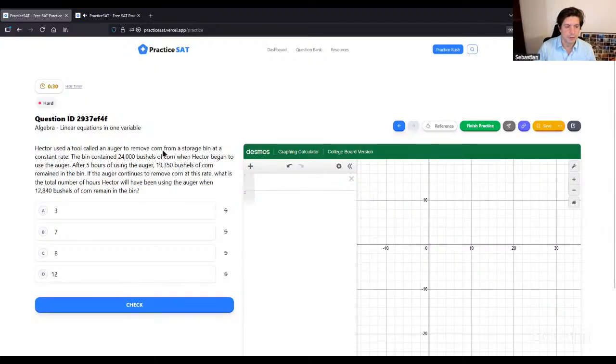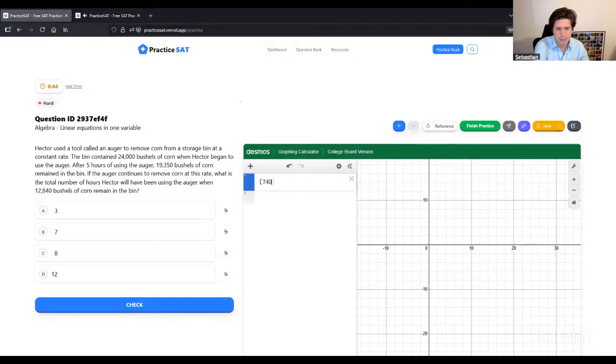Okay, so let's find the rate by doing 24,000, I don't know why I'm putting a comma, minus 19,350. And then we're going to divide by 5 hours. So it's a 930 rate. And now we're going to do something like this.